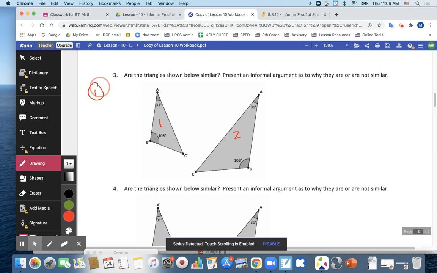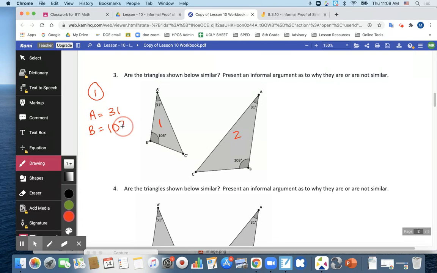For triangle 1, I see that A is 31, B is 103, and C, I don't know yet. And then for triangle 2, I see A is 31, B is 103, and C, I don't know yet, right?